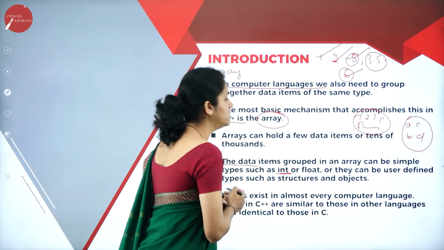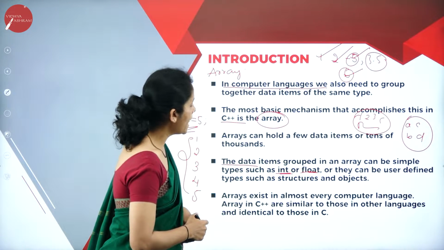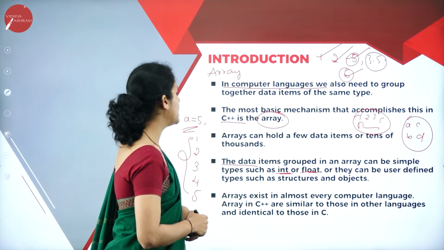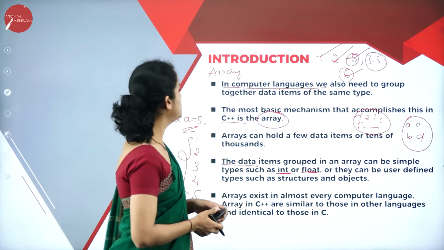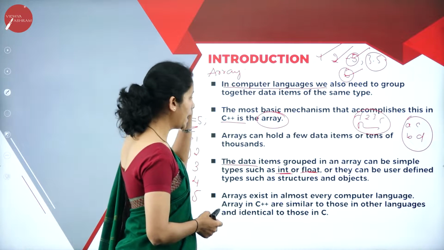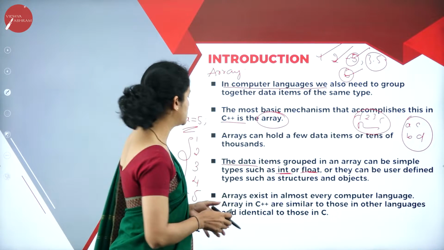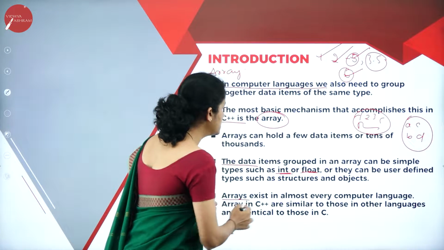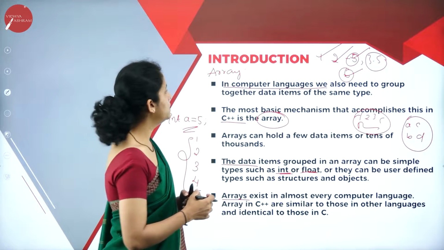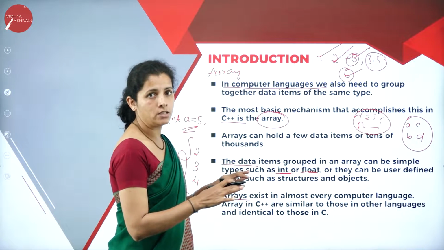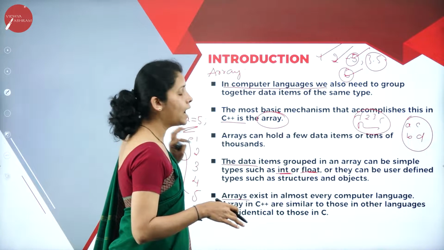That is integer, float or character, and they can be user defined types, structure as well as object. That means I can create an array of structures as well as an array of objects. Arrays exist in almost every computer language.